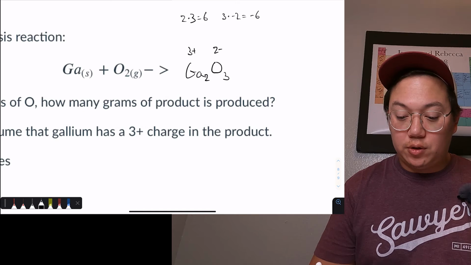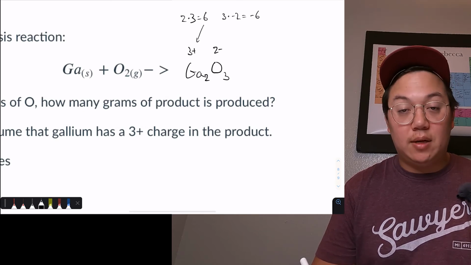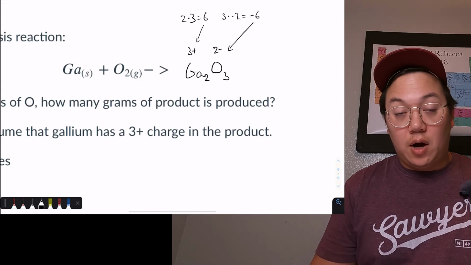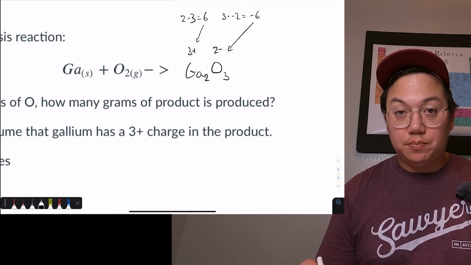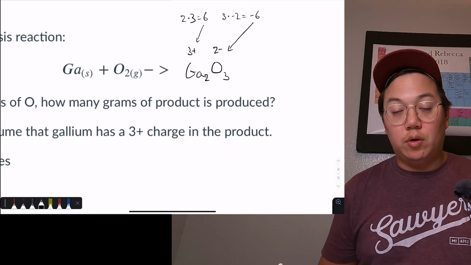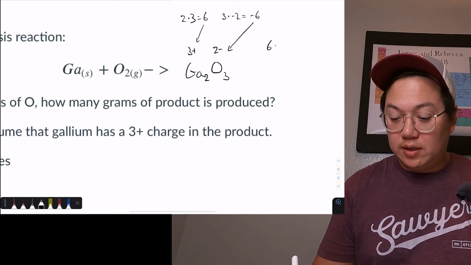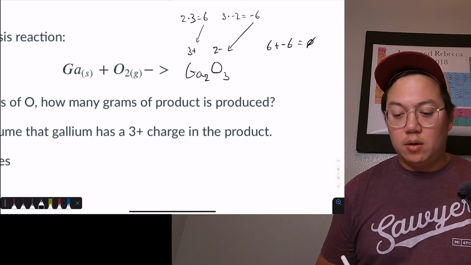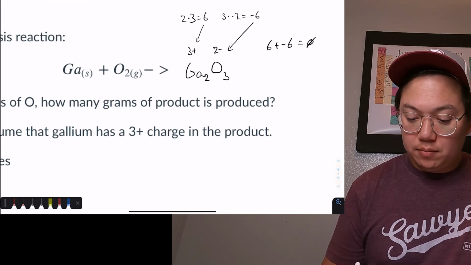So the overall charge contribution from the 2 galliums is 6, and from the oxygen is -6. Those cancel out because 6 plus -6 is 0. So we balanced our ionic compound.